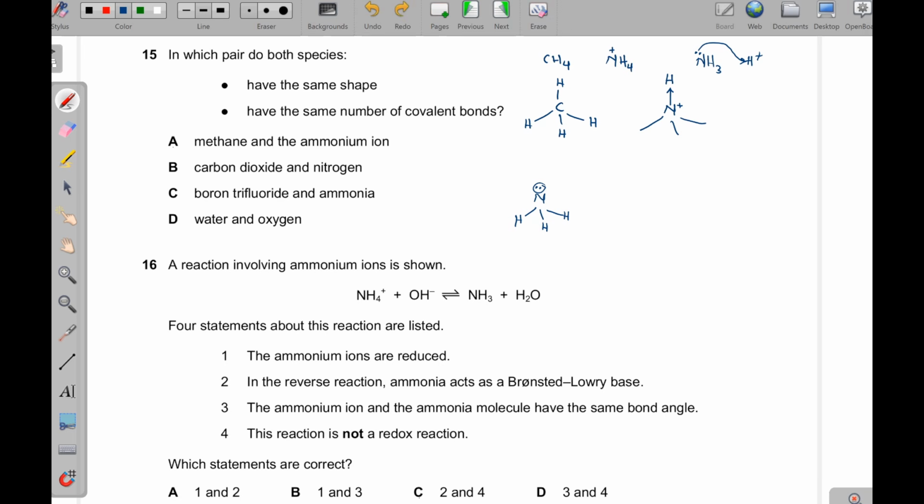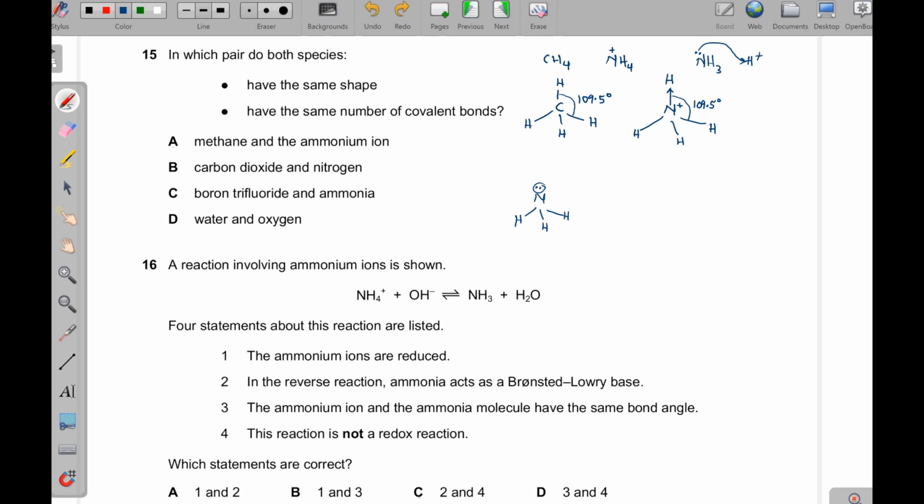So this one, which is tetrahedral, has 109.5 degrees. Even this one here is going to be 109.5. These are all hydrogens. Now for ammonia, because the lone pair bond pair repulsion is stronger than the bond pair repulsion, the lone pair is going to press these bonds much further.